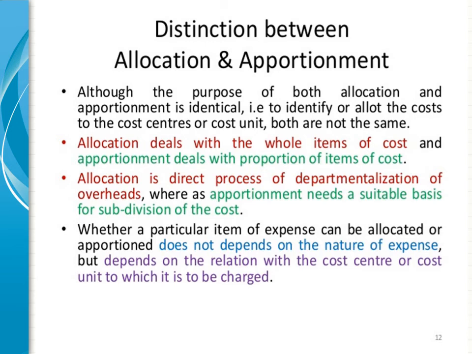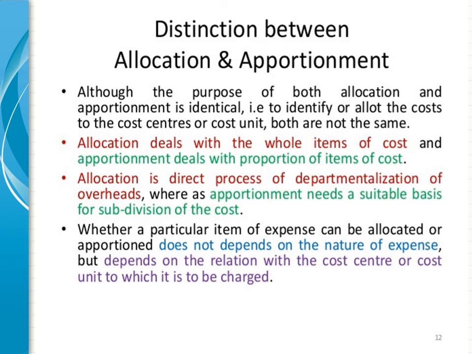The purpose of both allocation and apportionment is identical, but you should not get confused. To identify or allot the cost to the cost centers and cost units is the same for both, but allocation deals with the whole items of cost, whereas apportionment deals with the proportion of items of cost.